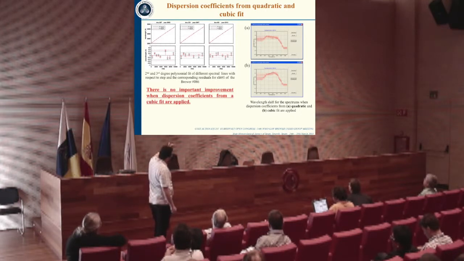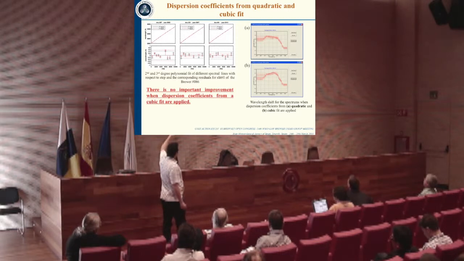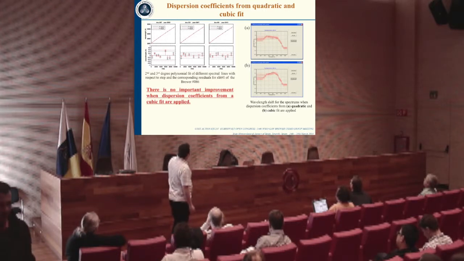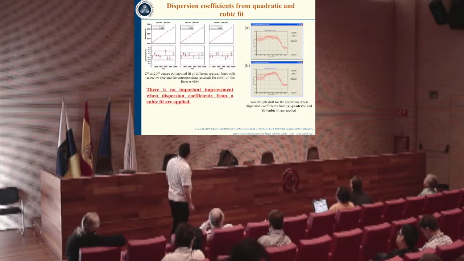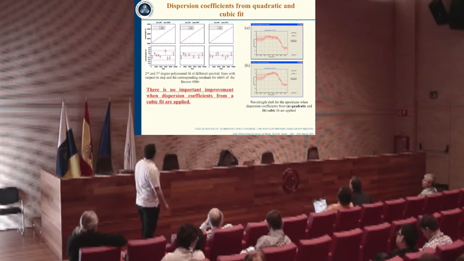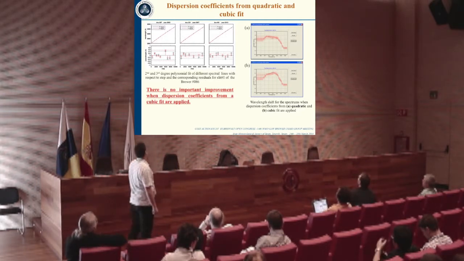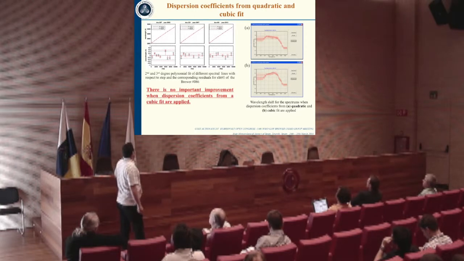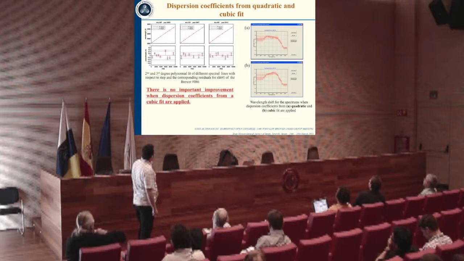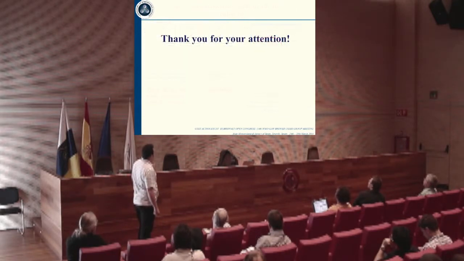Plot A is for the second degree polynomial, while plot B is for the cubic fit. When we applied these results, we didn't find any important difference. So according to our results, there is no important improvement when the dispersion coefficients from a cubic fit are applied. And this was all.